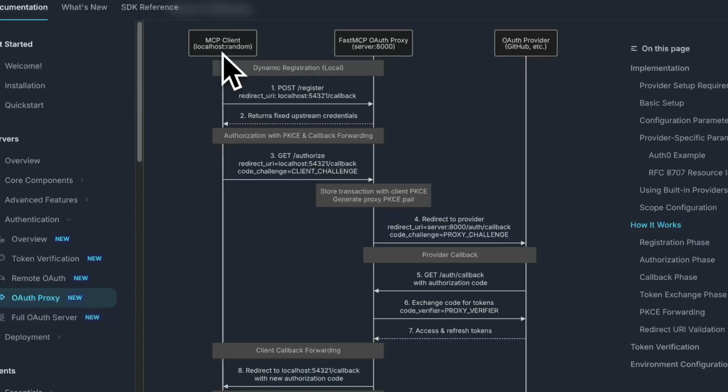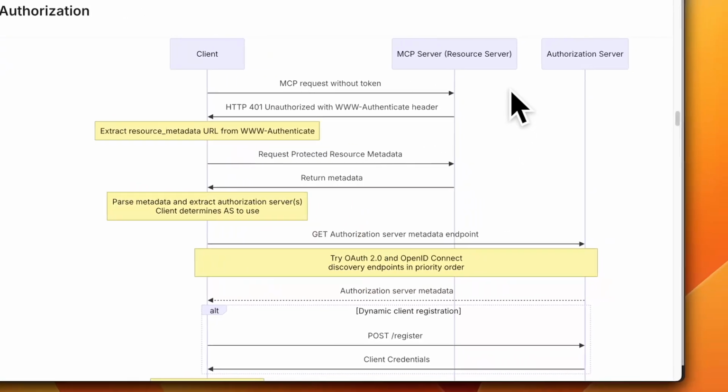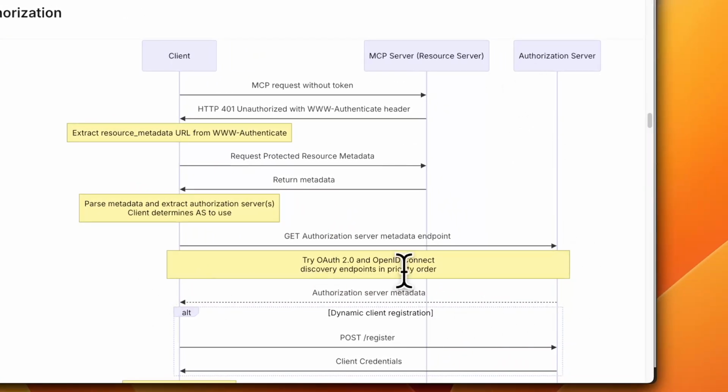It facilitates the client interactions with the OAuth provider through its own server over here. And this then works on our resource server or our MCP server itself. All right. So Fast MCP will work on our resource server and MCP server. And this is going to then act as an OAuth proxy between the client and the OAuth provider. So that's a difference between what we see over here. This is going to be slightly different from what we saw over here, where the client actually directly interacts with the authorization server over here.